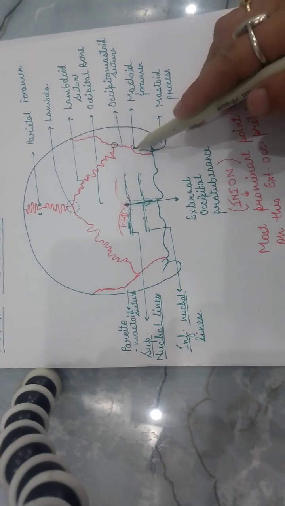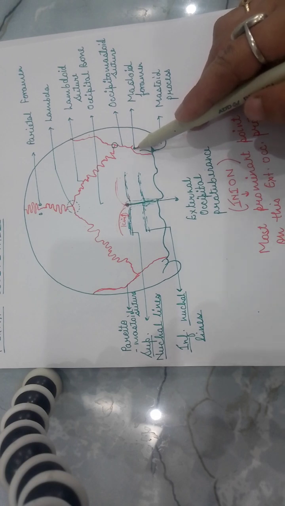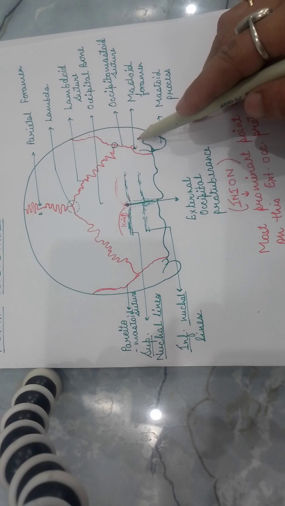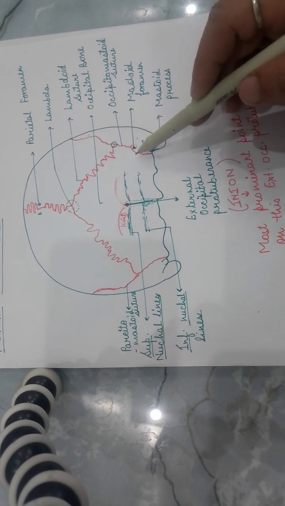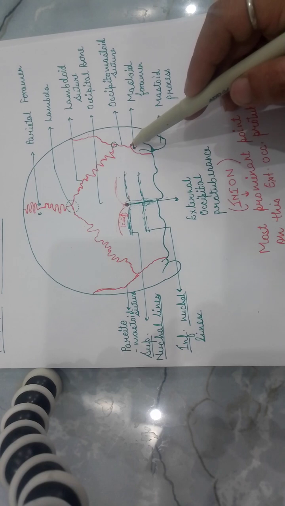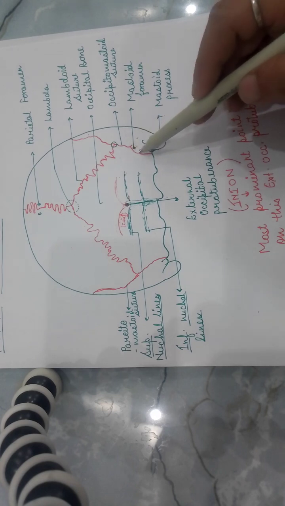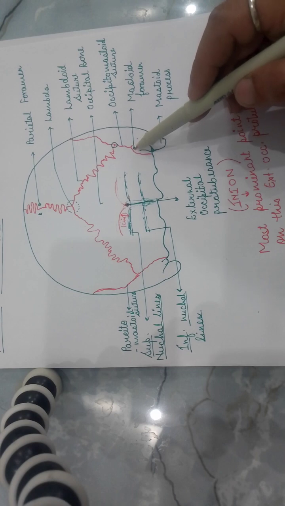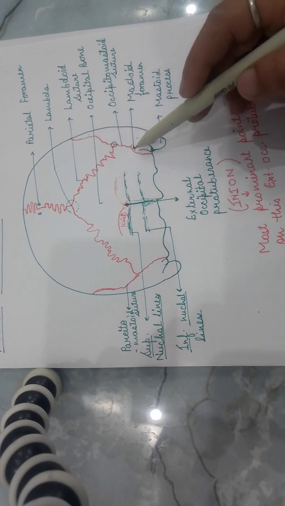Now there is a mastoid foramen, which is located on the mastoid part of the temporal bone or it can also be located at the occipitomastoid suture or near the occipitomastoid suture.